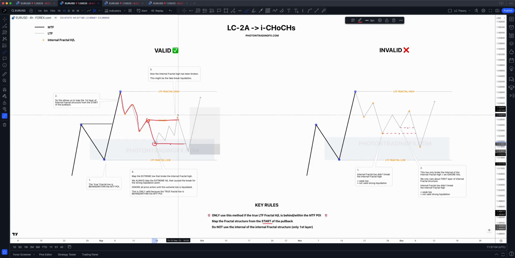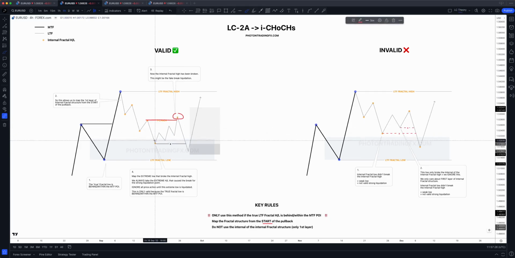At this point here, the internal fractal high is broken. So now what we can do is we can label that bullish internal change of character, okay? So we have our internal change of character, which means we now have our first internal potential fake break, right? So to find the strong liquidation point, we don't take the new internal fractal low, because this would be it.